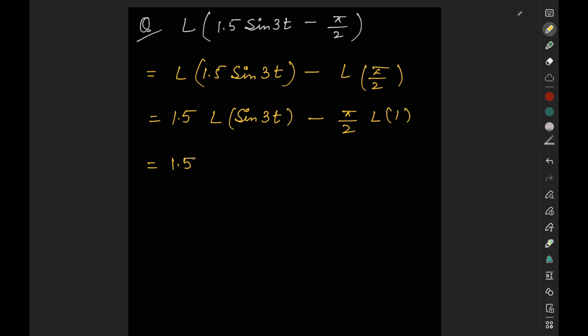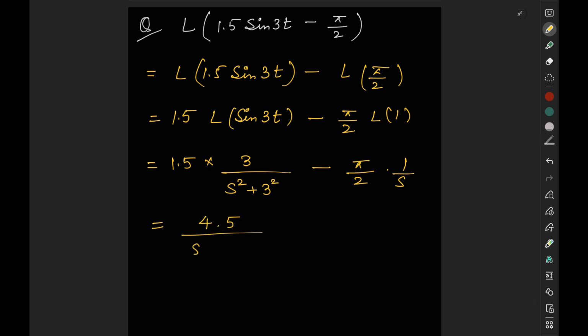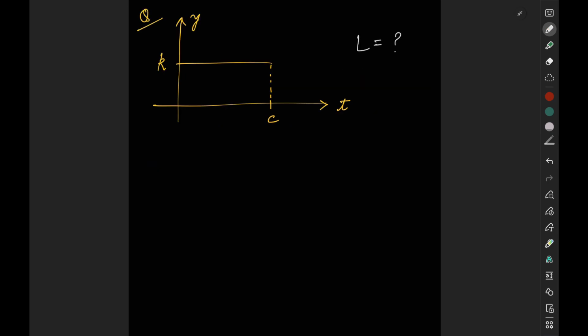This will become 1.5 into 3 upon s square plus 3 square, since Laplace of sine omega t is omega upon s square plus omega square, minus pi by 2 into 1 by s. This will become 4.5 times s square plus 9 minus pi upon 2s.